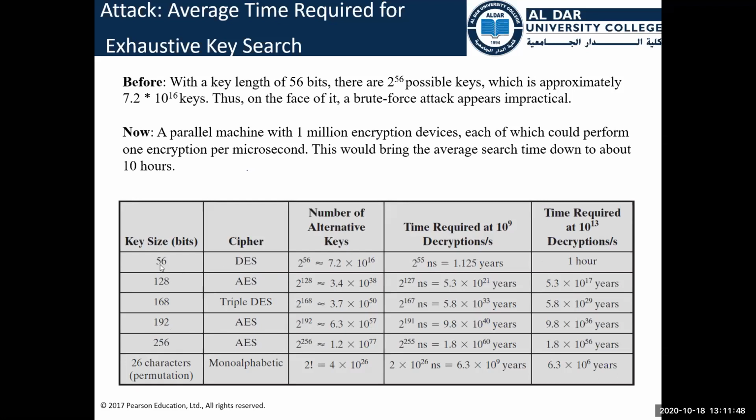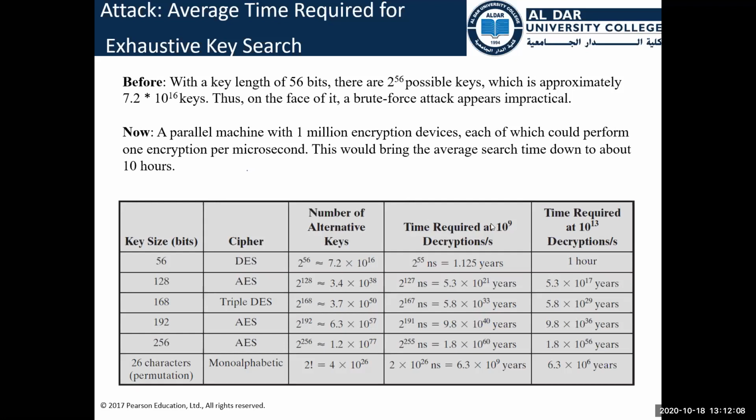The key size is 56. And the number of alternative keys are 2 to the power 56. This is straightforward if you know about binary numbers. We have 2 to the power 56 possible keys.